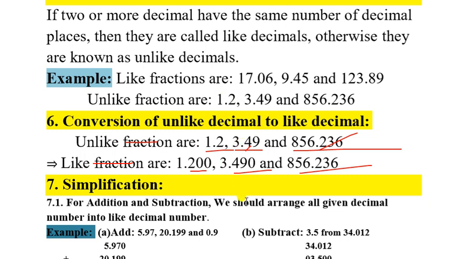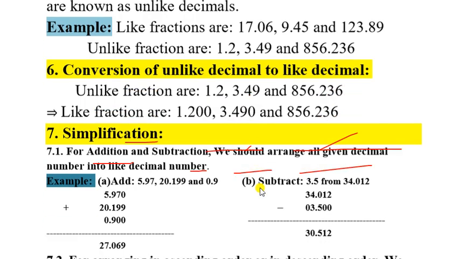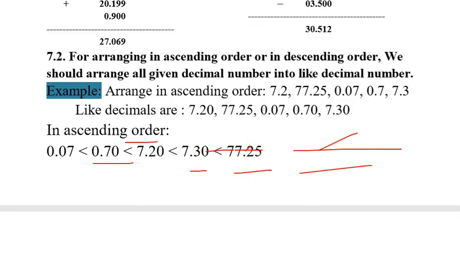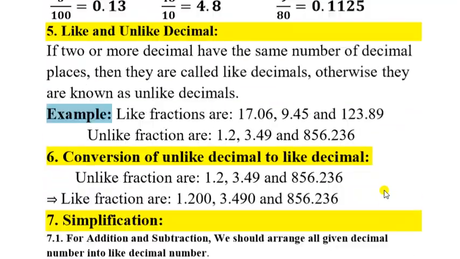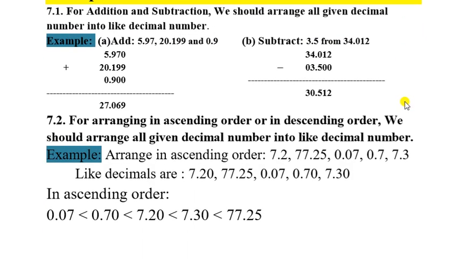We need this for simplification, addition and subtraction. So I am going to explain addition here. For addition and subtraction, we should arrange all the given decimal numbers into like decimal numbers. When a question comes to you, to add these numbers, first you have to arrange all the given numbers into like decimal numbers. Then it will be easy for addition as well as subtraction.